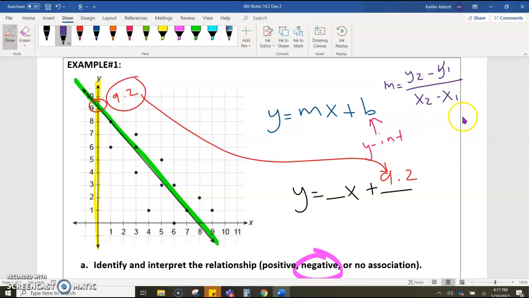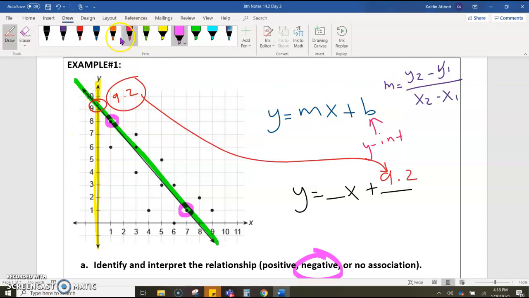You guys got pretty good at this when we did it. This is not new. So you're like, what dots am I gonna pick? There's dots everywhere. You want to pick two dots that are on the line. Can you see two dots that are on the line? Right here. So here's one, and here's two. We're going to use those two dots and put them in here.